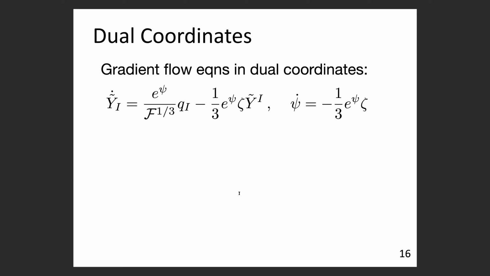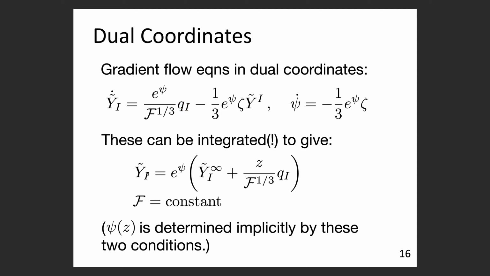So now let's write the gradient flow in these dual coordinates. Now something very nice is starting to happen, because you notice this term just depends on q. It's not so obvious yet, but actually I can integrate these equations. So the integrated equations look like this. The dual coordinate y tilde, up to this e to the psi factor, is wherever I started plus some term depending on z times the charge.